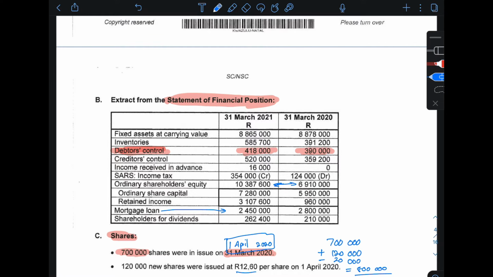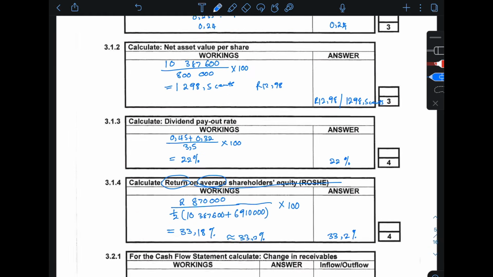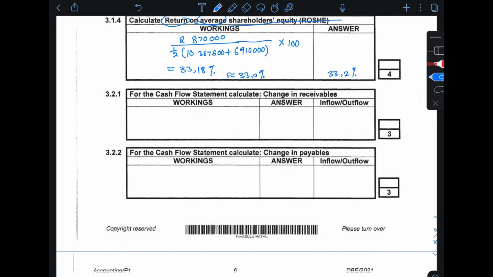So we want to determine the change in debtors control or your receivables. This year's amount was 418, last year's amount was 390,000. So our change is 418 minus 390, and I'm getting 28,000.